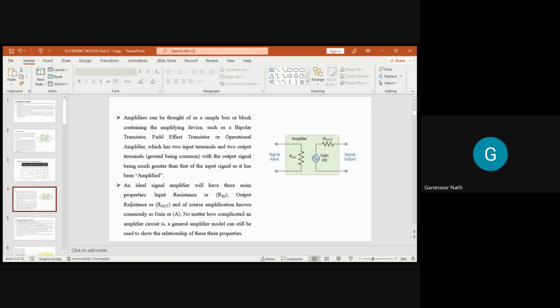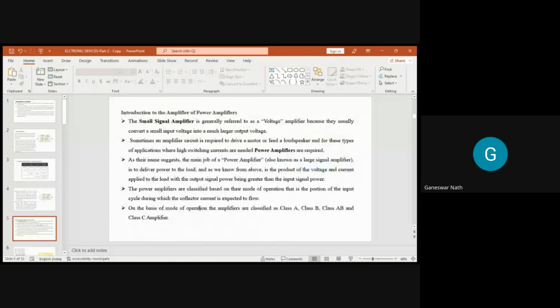An ideal signal amplifier will have three main properties: input resistance, R in, output resistance, R out, and of course amplification, commonly known as gain, denoted as A. No matter how complex an amplifier circuit is, a general amplifier model can still be used to show the relationship between these three properties. That means we can connect both the input and the output through the gain.